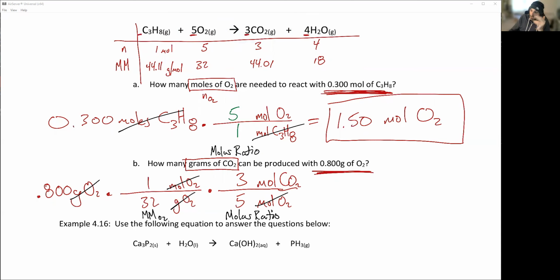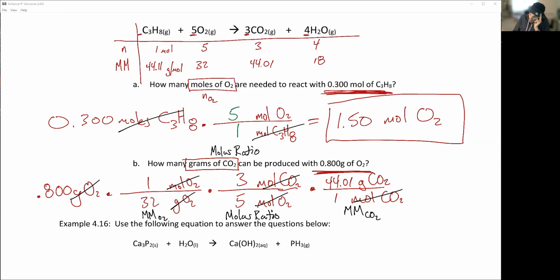We're not yet done. The last step is to convert from moles of CO2 into grams of CO2. Anytime we go from moles to grams, we use the molar mass of CO2. Looking back at my table, 44.01 grams of CO2 is equivalent to 1 mole.